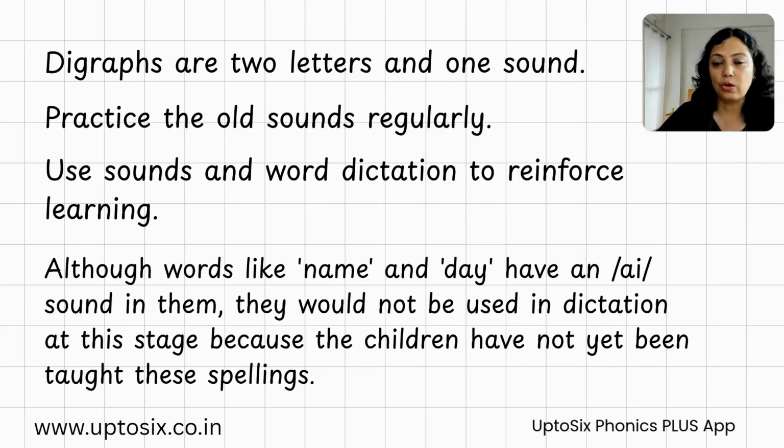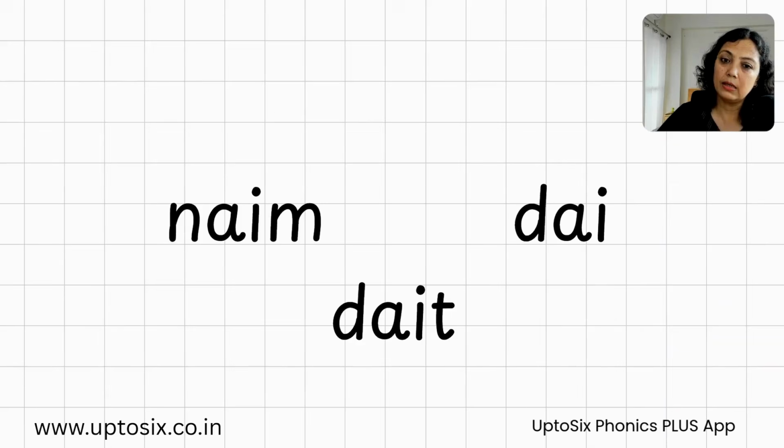We have not taught children at this point of time the other ways of writing the long a sound. So if they need to write, they will write this way: name, d, a, day, d, eight, date. We have to take the spellings as correct at this point, or we will try to avoid giving children these words to write. Okay.